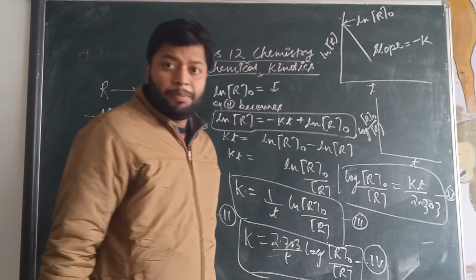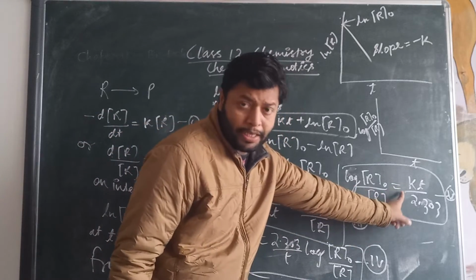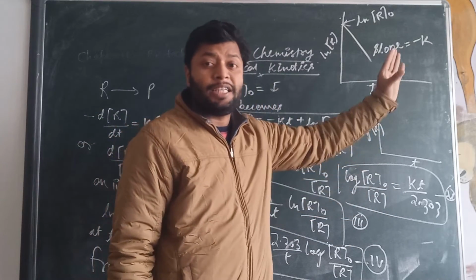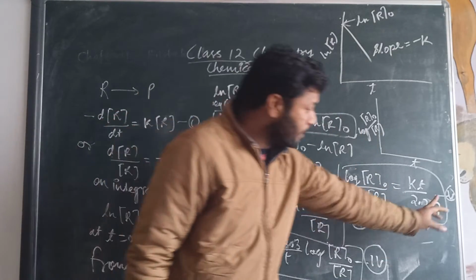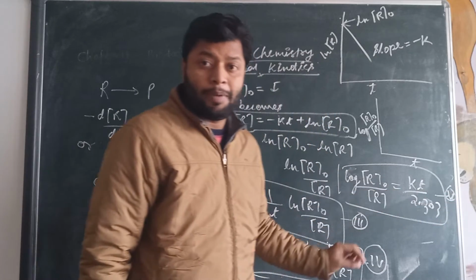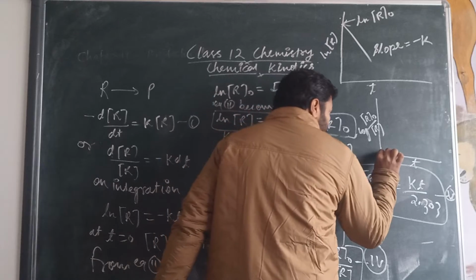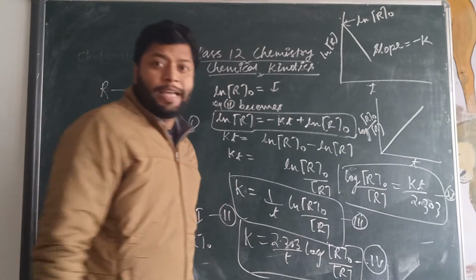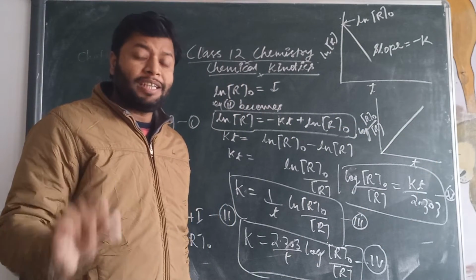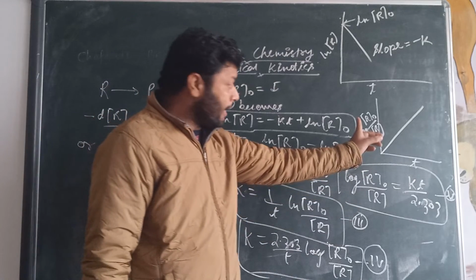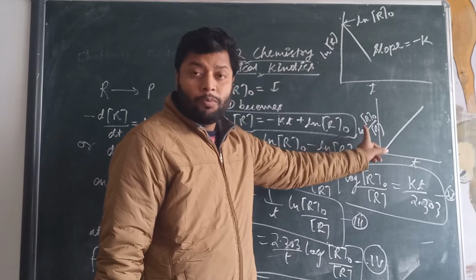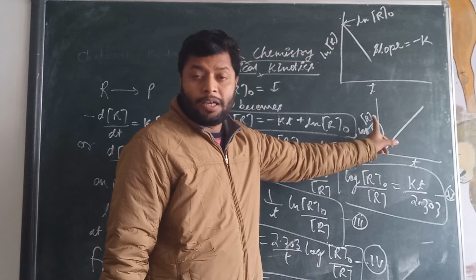There is a positive sign, so the graph must be a straight line going upward. The second thing is the constant value is not given, so the graph must start from the origin. So the graph will look like this. We will get a straight line from the origin when we plot log R naught upon R versus t.